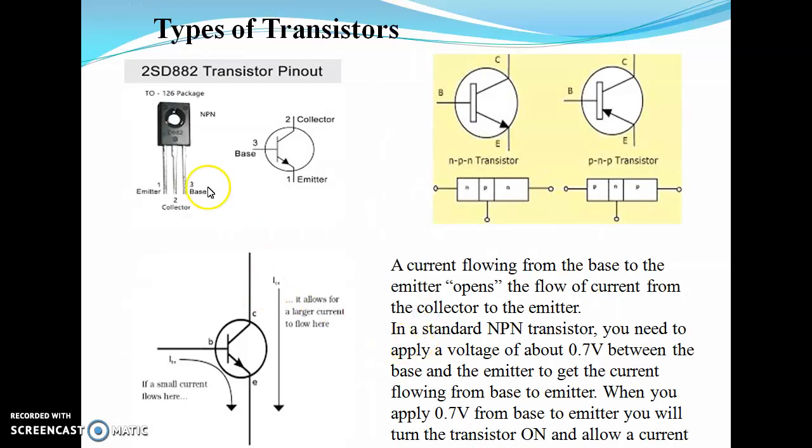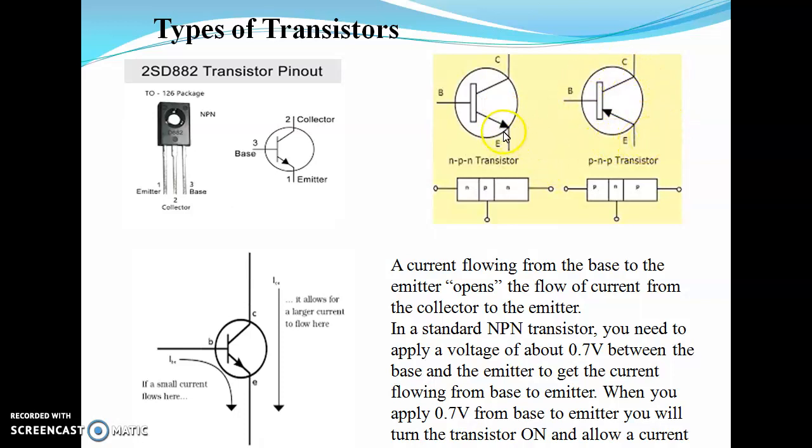So now you can see here the transistor. This is one type of transistor, 2SD882, and you can see three terminals: emitter, collector, and base. And this is the symbol: emitter, collector, and base. This is the symbol for NPN transistor and this is the symbol for PNP transistor.